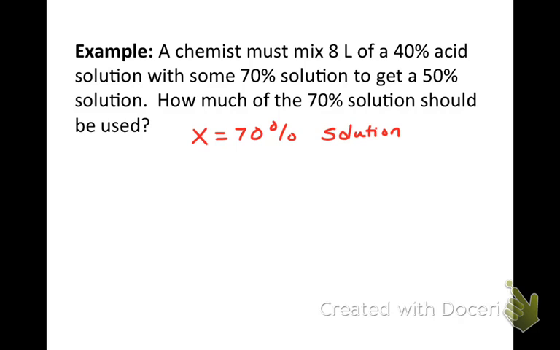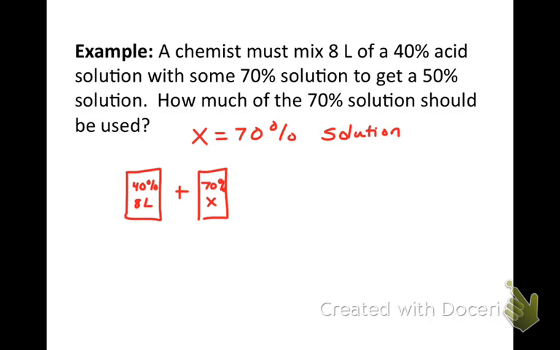All right, now let's think about what's happening here. And again, I'm a diagram person. If I have 40% of 8 liters, and then I want to add to that 70%, do I know how many liters that 70% is? No, so we're going to call that x.